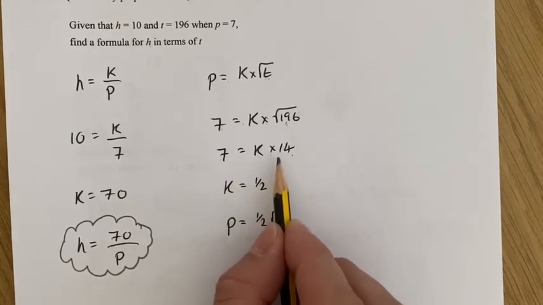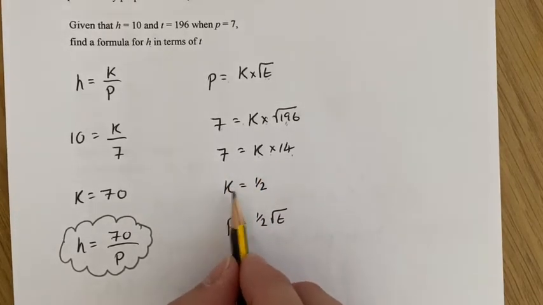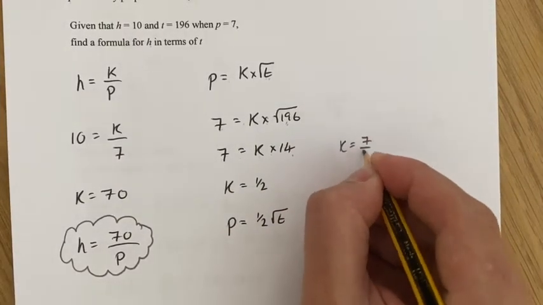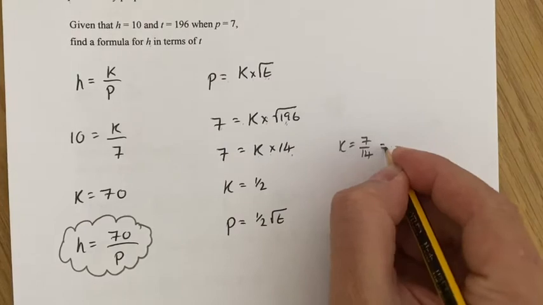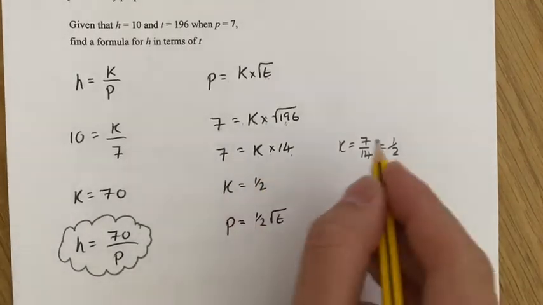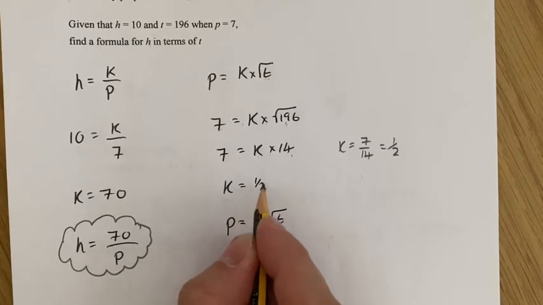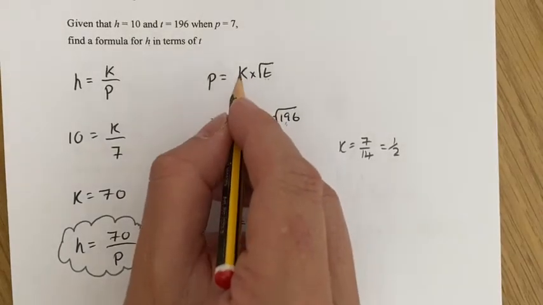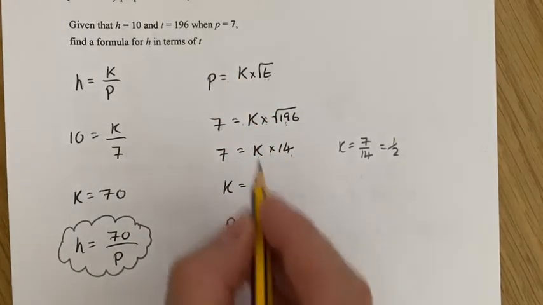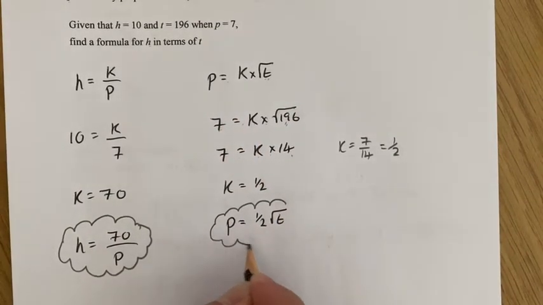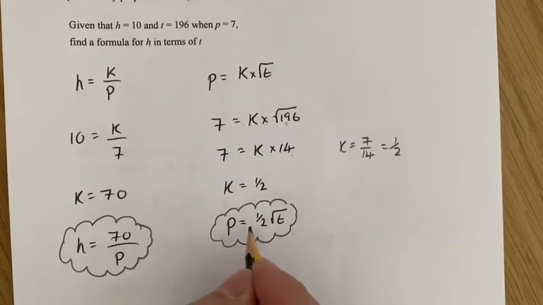If we divide both sides by 14, we know that k is equal to a half, so k equals 7 over 14, and 7 over 14 is a half. That's how I've got from there to there. And so if k is a half, we can put it back in here, so we know that p is equal to a half of the square root of t, and that is my formula that links p to t.